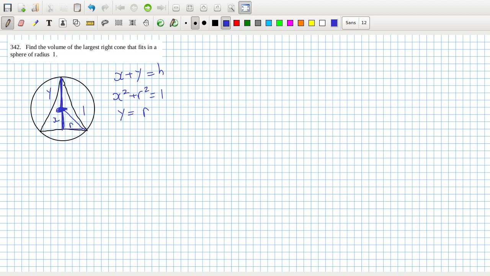So if I sub that in there, I can get x plus r equals h, and x squared plus r squared equals 1. And if I sub that in there, I can get h minus r squared plus r squared equals 1.